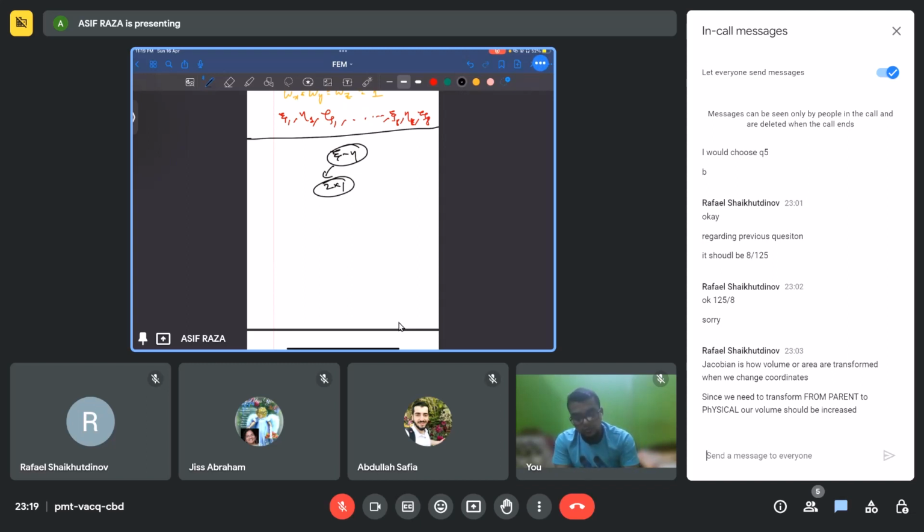This is just arbitrary. This implies that along the xi axis we have two Gauss points, and along eta we have only one.